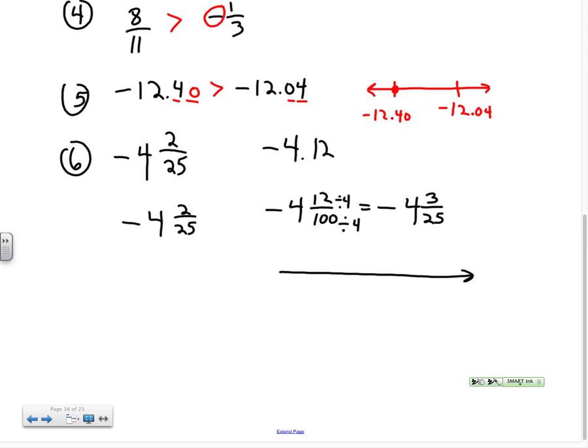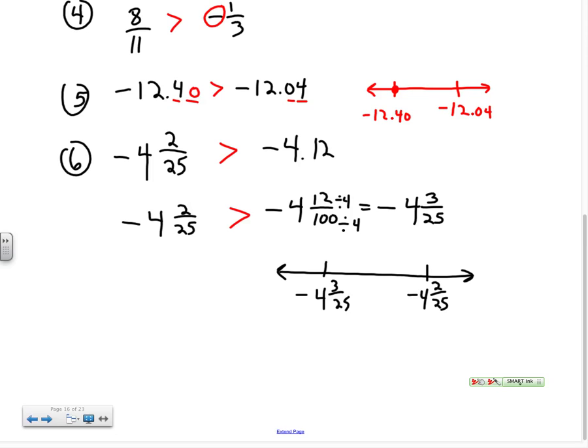If I think about a number line, my negative 4 and 2/25 would come first, and then my negative 4 and 3/25. So the one farthest to the left is less, the one farthest to the right is greater. So negative 4 and 2/25 is greater than negative 4 and 3/25. So I can put greater than up here.